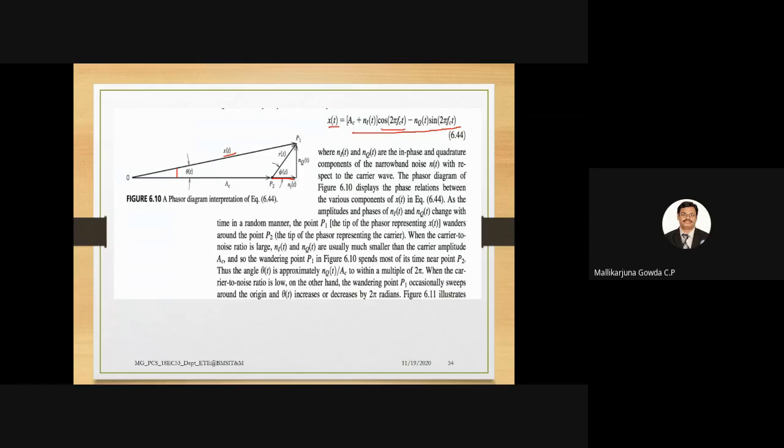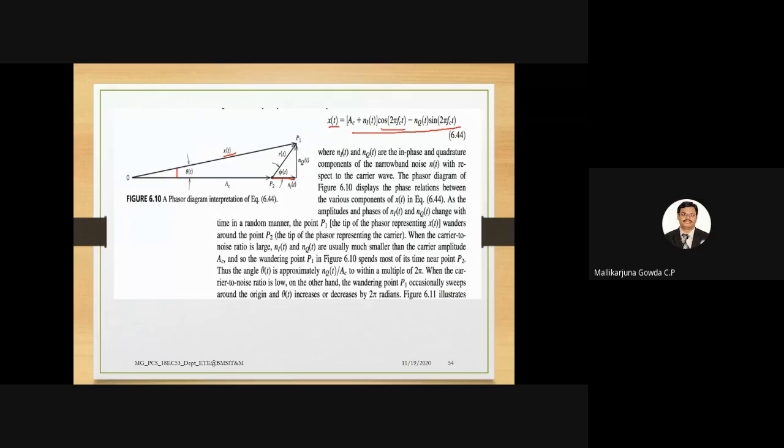Here this Ni of t and Nq of t, already said these are the in-phase and quadrature components of the narrowband noise, right? So this phasor diagram gives the phase relations between the various components of this x of t. The amplitudes and phases of ni of t and nq of t will change in time in a random manner.